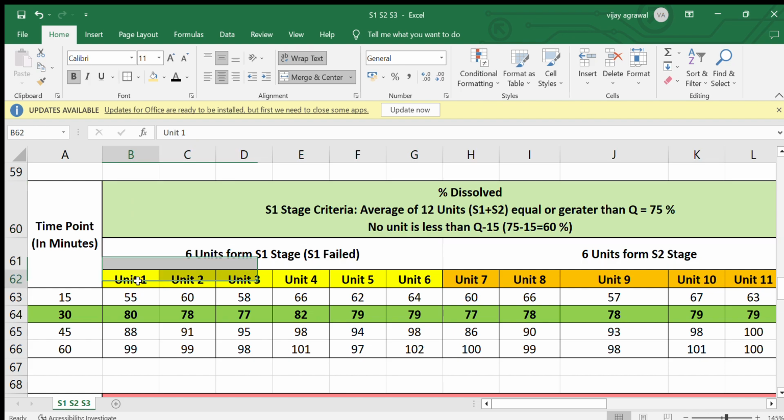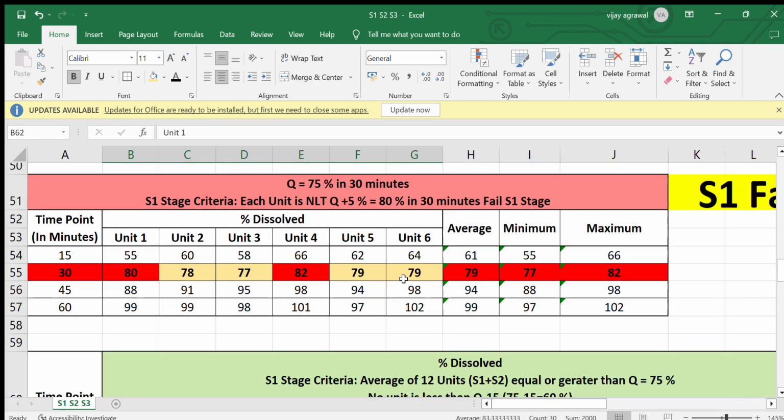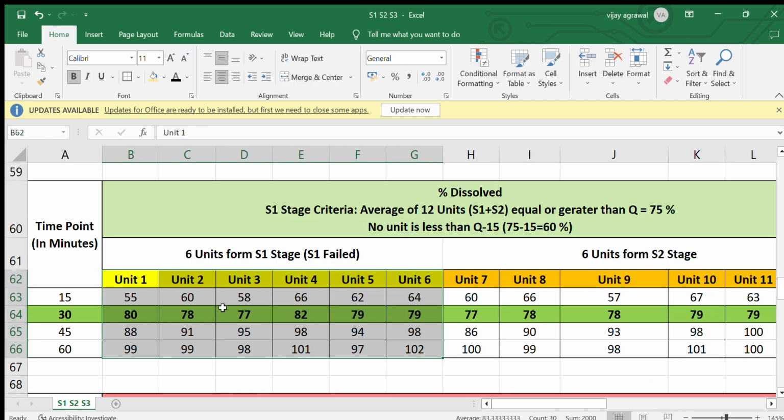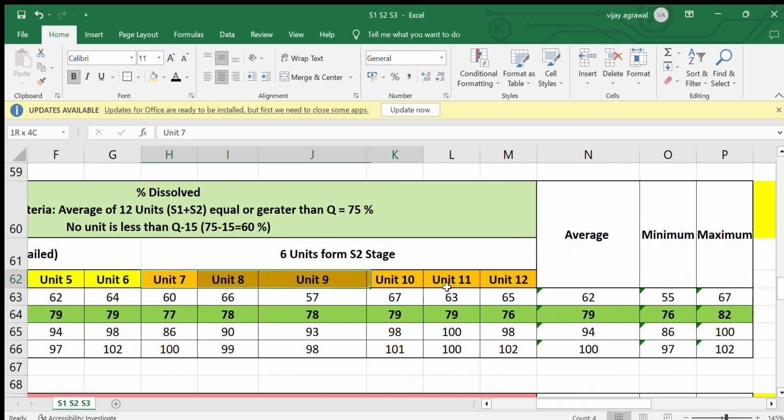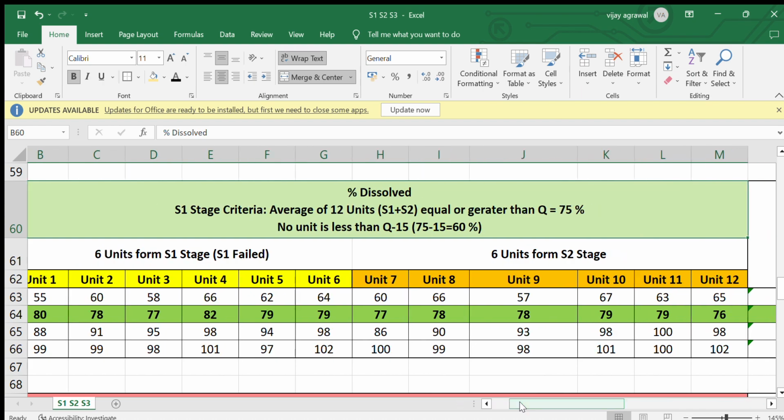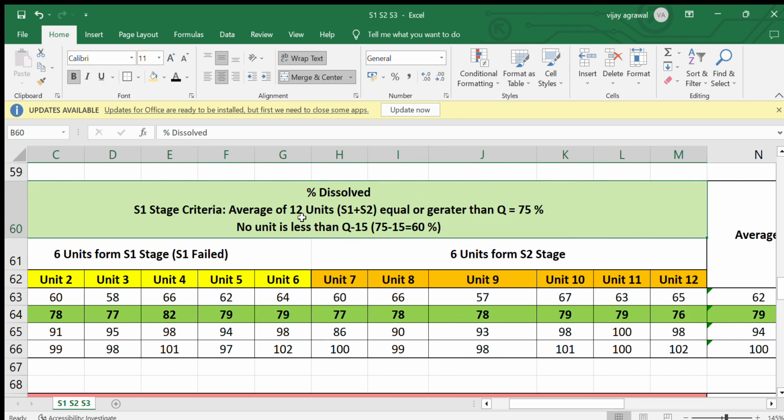Now this units data is taken from this failed data of S1 stage, and another 6 units are to be tested. What is the criteria of S2 stage? Once again we will see it. Average of 12 units, that is S1 plus S2, is equal to or greater than Q, that is 75% for this example, and no unit is less than Q minus 15, that is 60%.